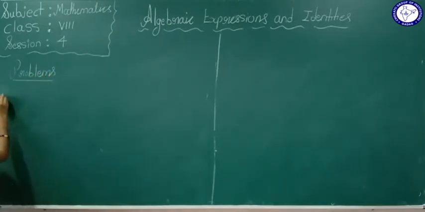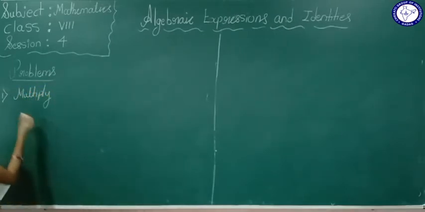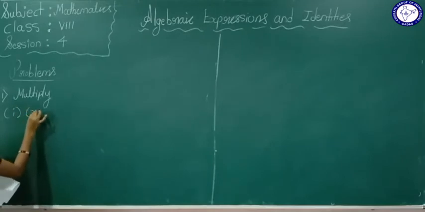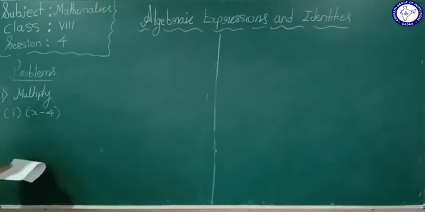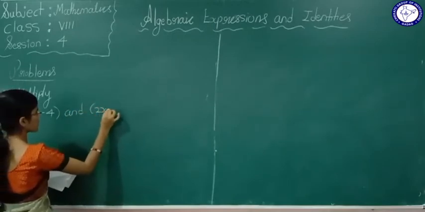Now see problems. First one, multiply x minus 4 and 2x plus 3.